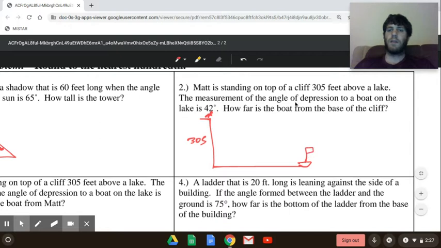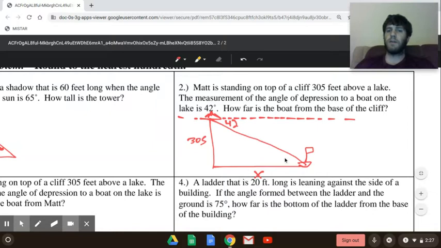The angle of depression down to the boat, the angle of depression here. So here's our horizontal. Matt's up on the cliff looking down at an angle of 42 degrees, and we want to know how far the boat is from the base of the cliff.